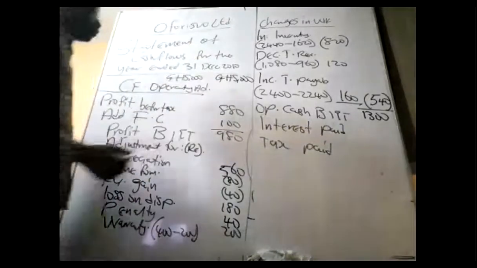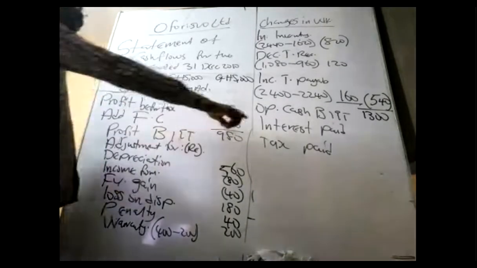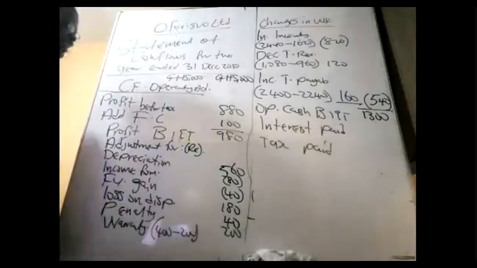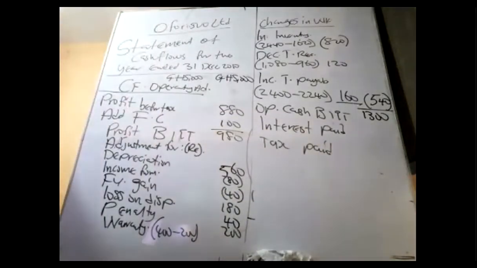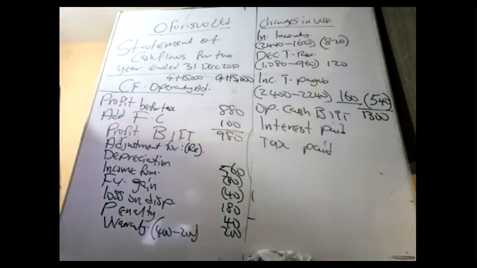That is all. Now, let's look for the interest paid. However, this interest paid, you can also add to the financial activity. Perfectly true. Yes, you can also say cash flow from operating activities before interest and tax is perfectly true.